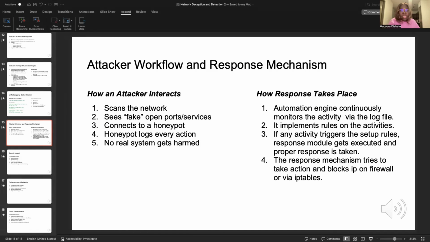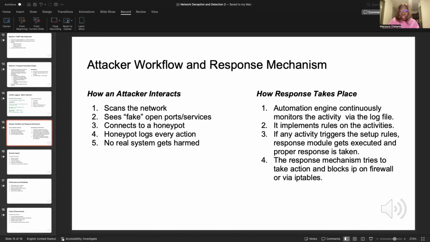Third, the attacker connects to what they think is a real system. They don't know it's actually a honeypot, our trap. Fourth, and this is the important part, every single action the attacker takes gets logged.